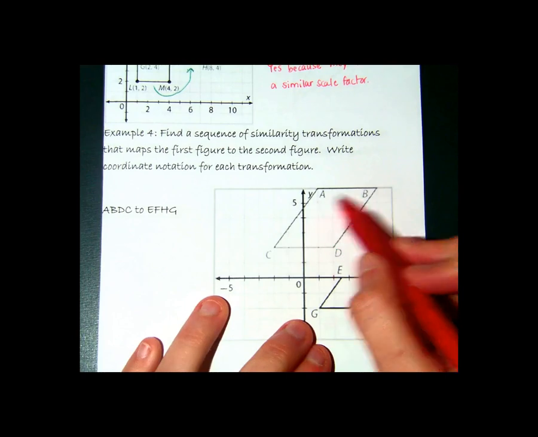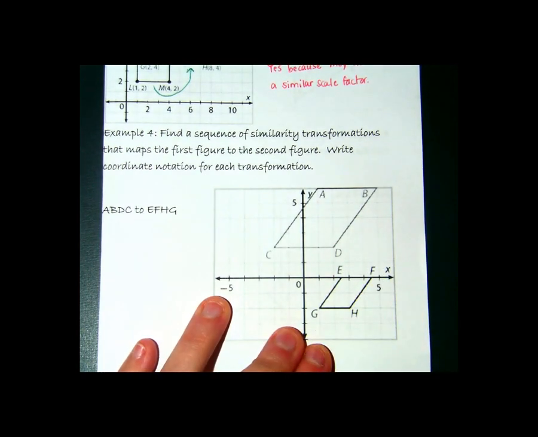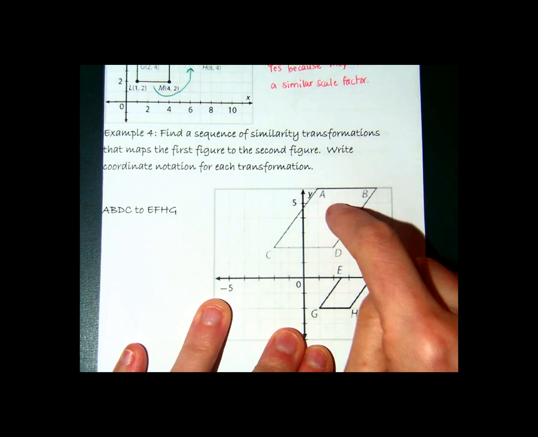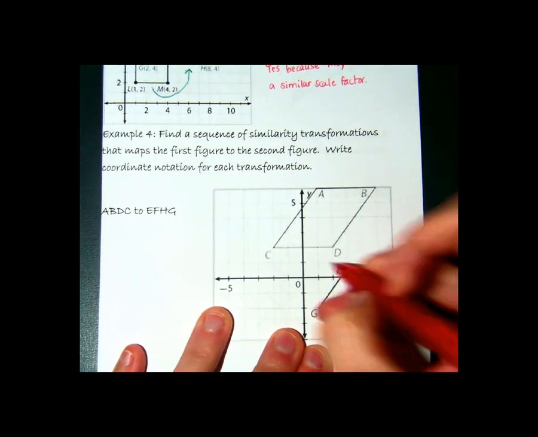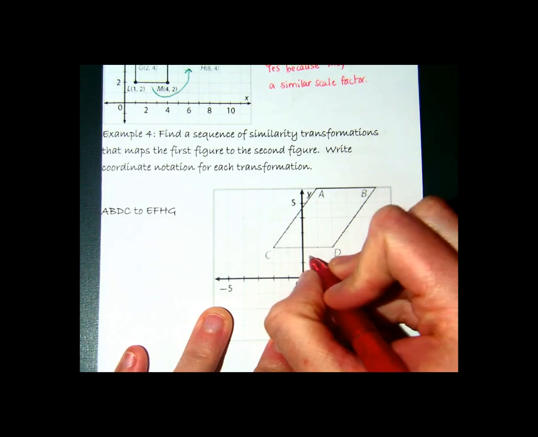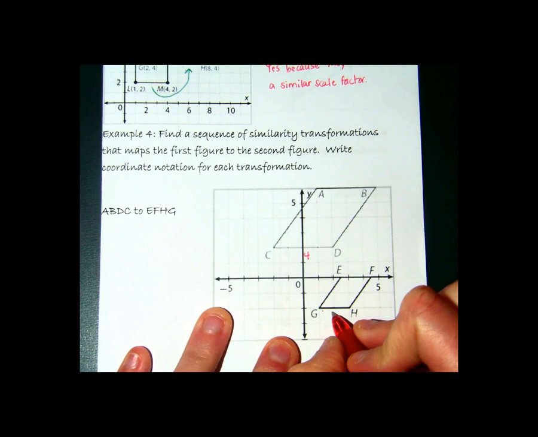We are going from A, B, D, C to E, F, H, G. To find what I need to shrink it by, and I know it's shrink because it's big to small, I'm going to find the scale factor. So let's look at this line segment. 1, 2, 3, 4. From here to here is 4 units. Here to here is 2.